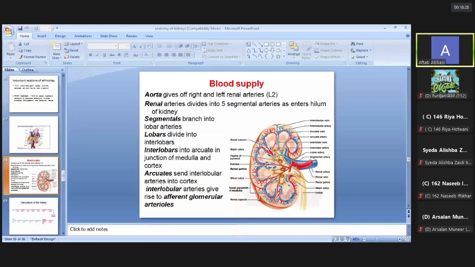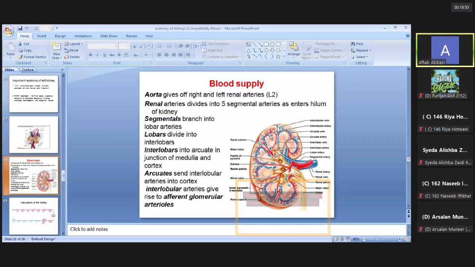Then each lobar artery gives rise to interlobar arteries. These are the interlobar arteries that run on the sides of each pyramid. This is the pyramid. These interlobar arteries run on each side of the renal pyramid.